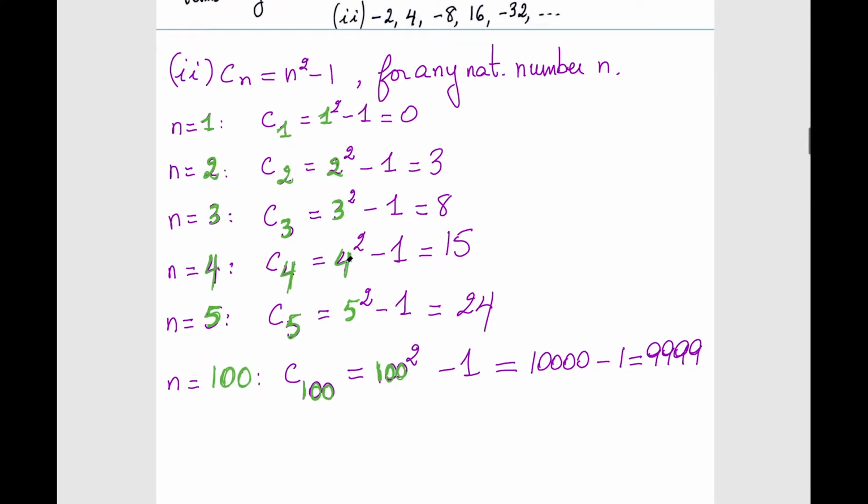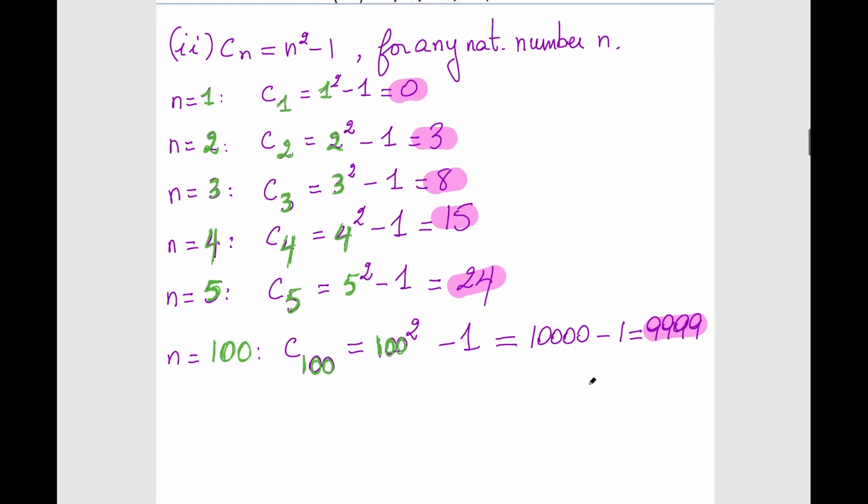All right, so what are the terms of the sequence then? How about we color them? So the sequence terms are 0, that's the first term, 3, 8, 15, 24, and so on, and the 100th term is going to be this one, correct? So if you want to list them, you could put 0, comma 3, comma 8, and so on, enumerating the first 5 terms of the sequence and the 100th term.